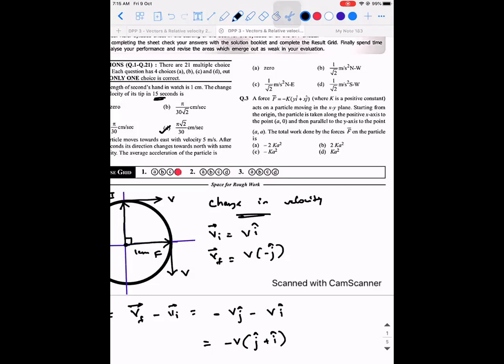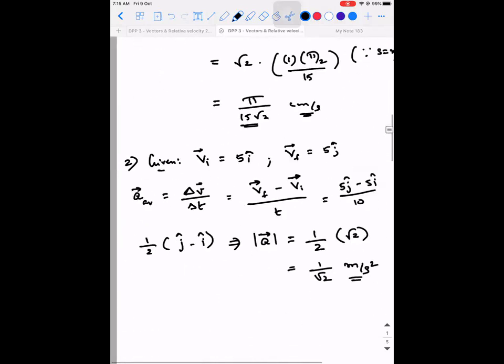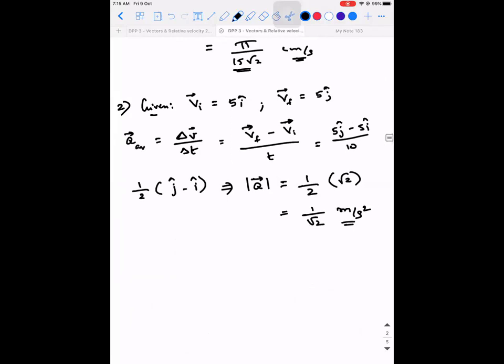Now the question is, 1 by root 2 is there everywhere. Now how will you decide the direction? Look at the vector. North to west.